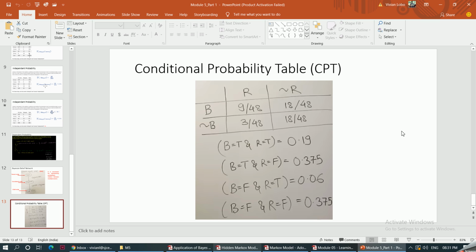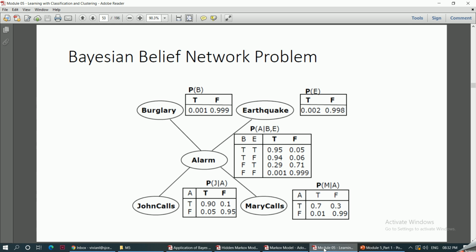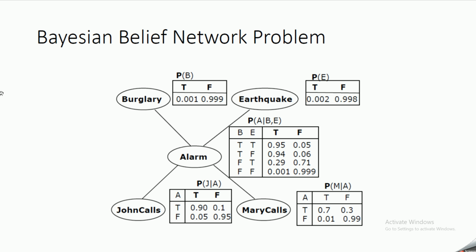Now, coming to the actual concept of your Bayesian belief network model. A Bayesian belief network problem looks like this, where you have a directed acyclic graph and each of these nodes has a conditional probability table.